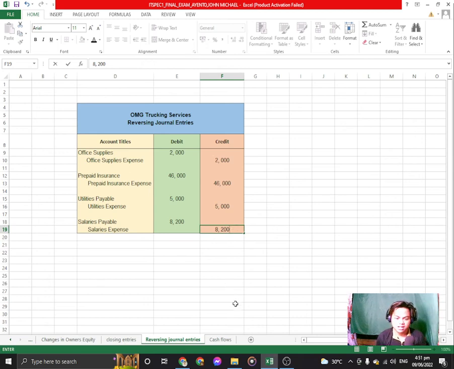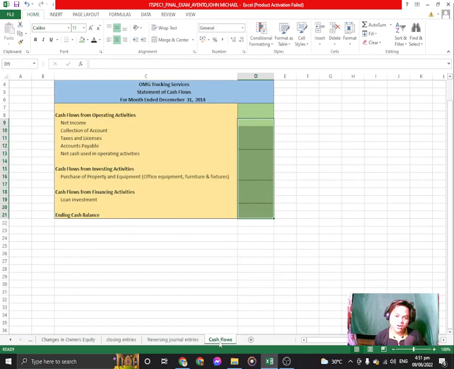Okay, so now we go to the cash flows, our last one. For the cash flows, we have the net income. Here is the net income from earlier, 20,200.